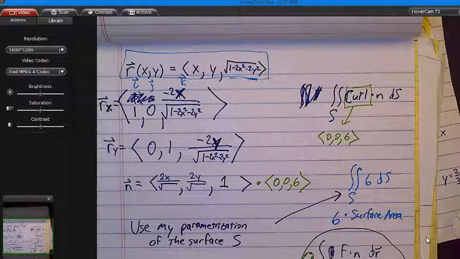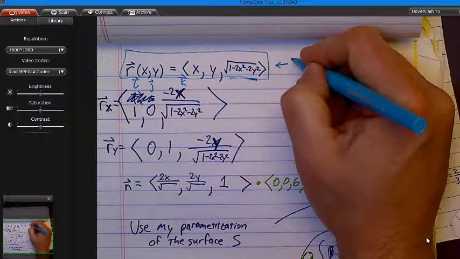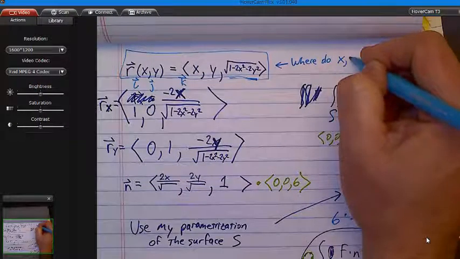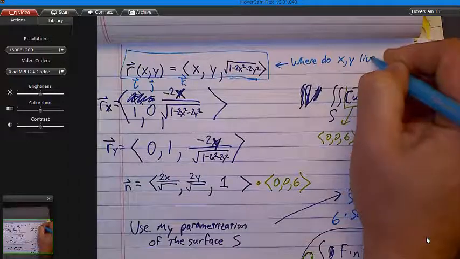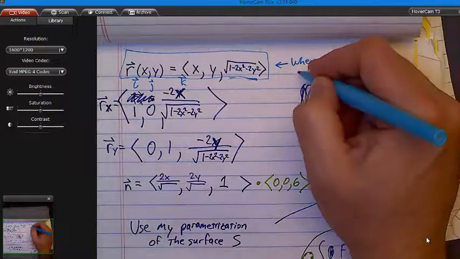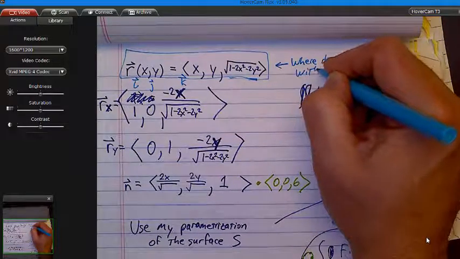That's my parameterization of the surface. But what I didn't write down is, where do x and y live?